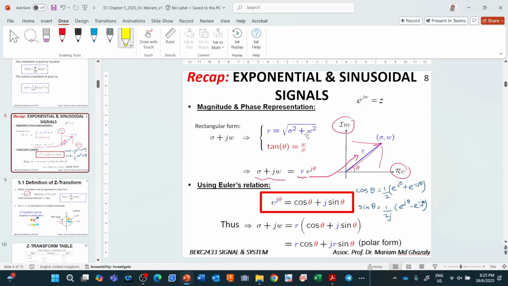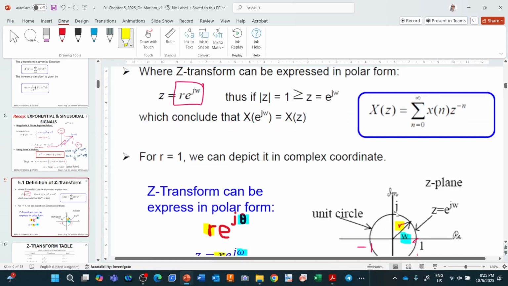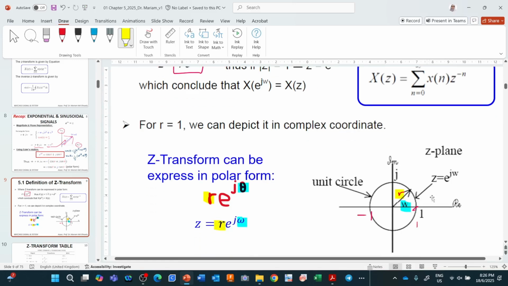Okay, so by having that, the definition of the Z transform: previously we defined that e^(j omega) is equal to R. So in the Z transform, we can define Z in terms of R e^(j omega).